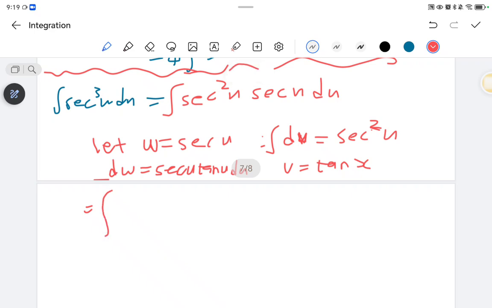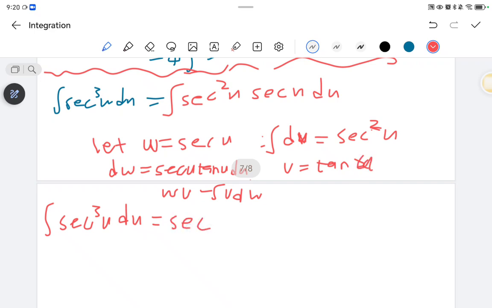When I substitute back, this will be the integral of sec to the 3u du, which is equal to, let me write it in a clear way, wv minus the integral of v dw. So w is sec u, with respect to u, right?